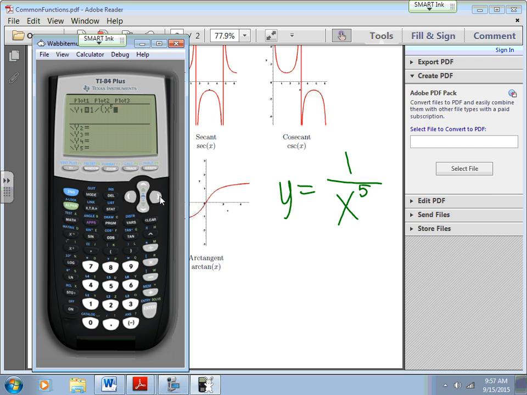Close it. All right, did everybody see that? I have it on the screen still. Now I'm going to zoom to fit it so I can look at it better. Alright, zoom standard then.